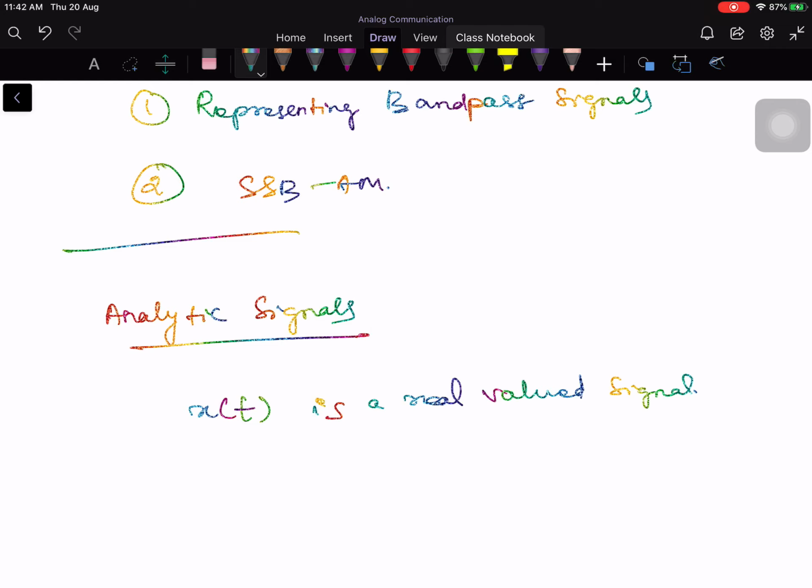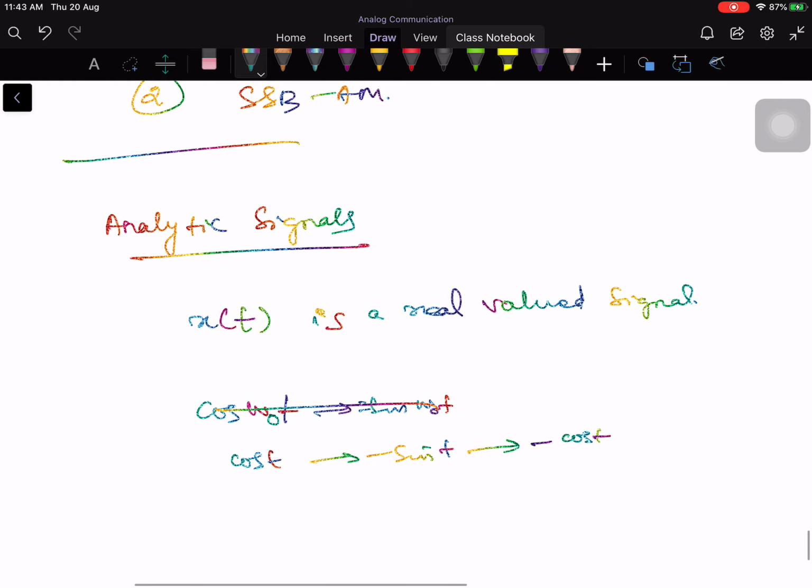I'm sure you had a course on signals and systems, that it is much more convenient for analysis to work with a complex representation of the sinusoids than the trigonometric representation of the sinusoid. Because cos omega naught t, if you differentiate, becomes minus sin t, then if you differentiate again, minus cos t, and it keeps on shuffling. But the moment you take e to the jt, then it becomes e to the jt, again and again.